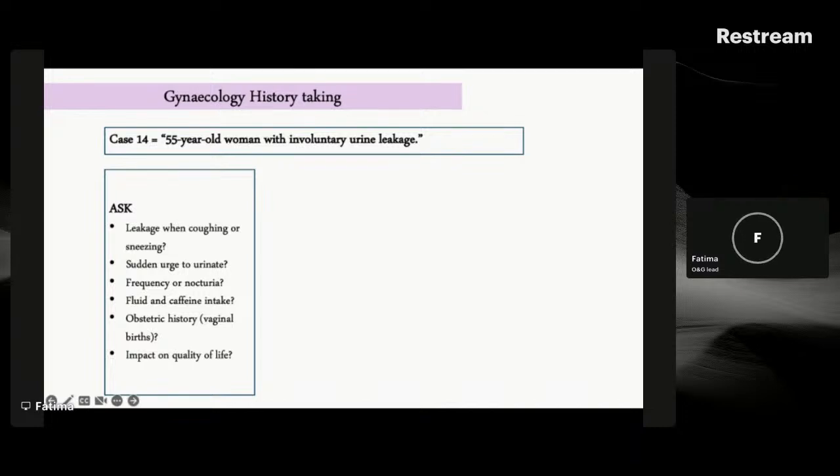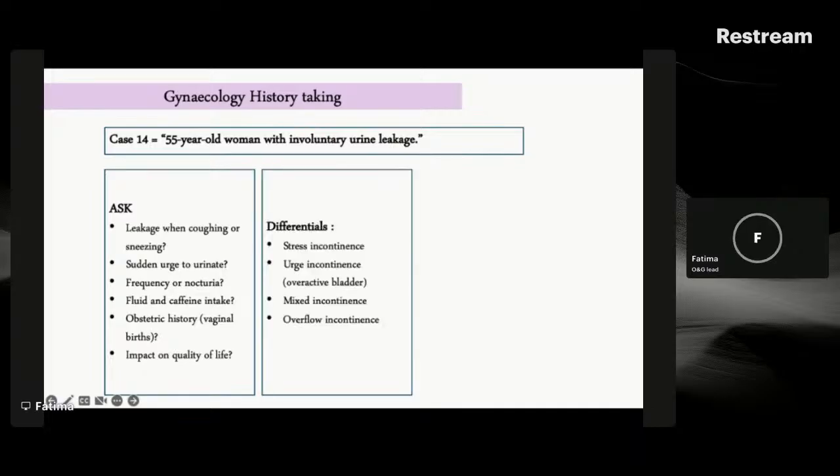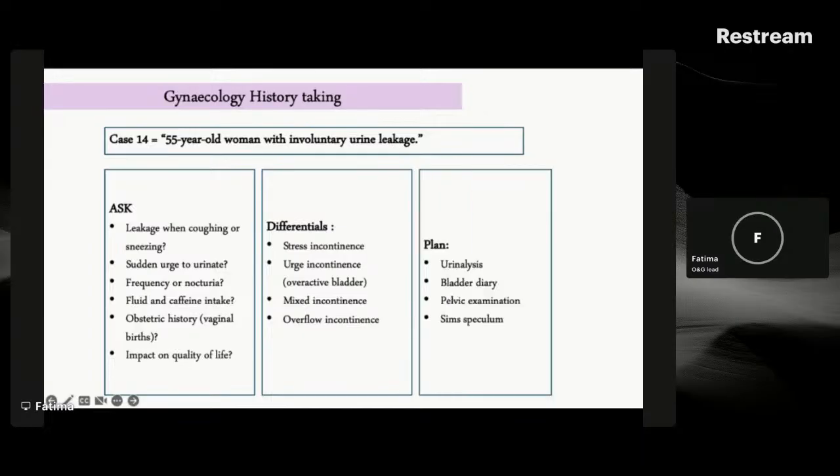Because pelvic floor exercises are usually recommended for ladies to do following their deliveries to prevent incontinence in the future and strengthen the muscles. The main differentials include stress incontinence, as we mentioned, urge incontinence, overactive bladder, mixed incontinence, could be a mix of both, is it overflow incontinence, and even urinary tract infections.